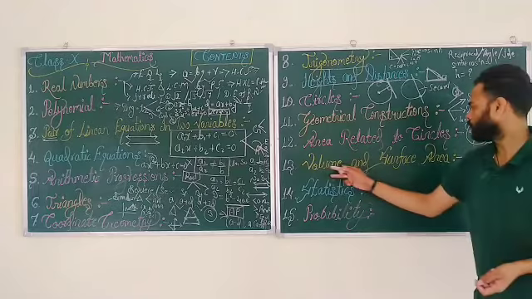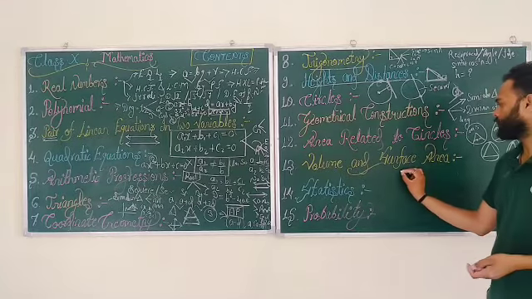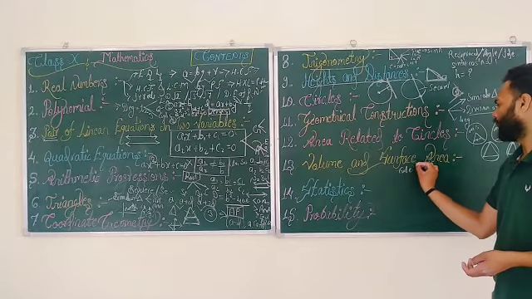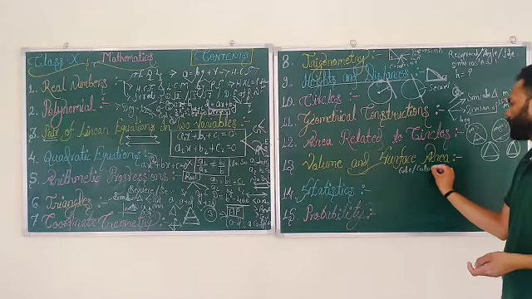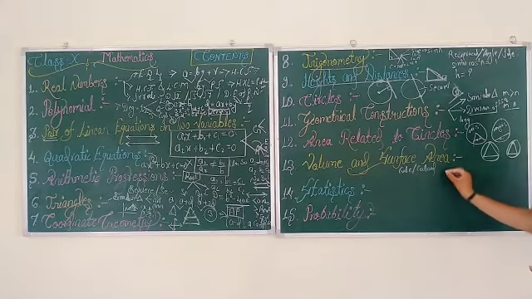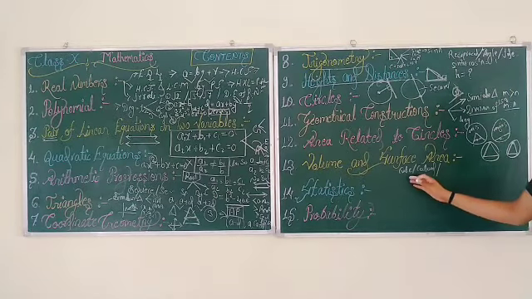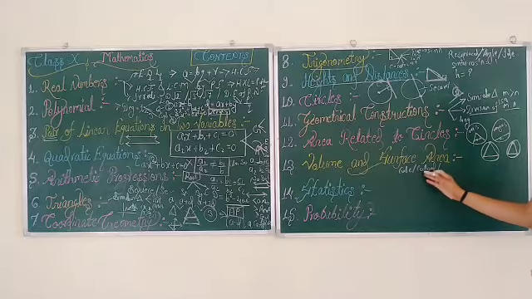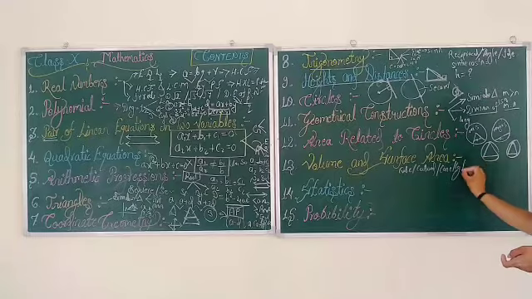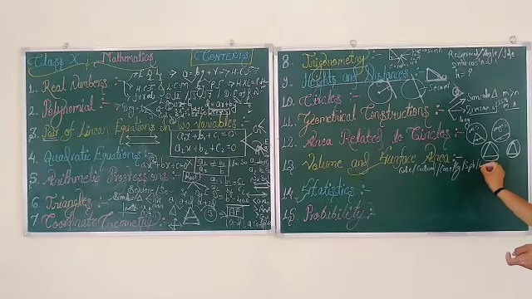After this, volume and surface area. In 8th class, you find out the volume and surface area of only cube and cuboid. Then in 9th class, you find the surface area and volume of cube, cuboid, cone, cylinder, sphere, hemisphere.